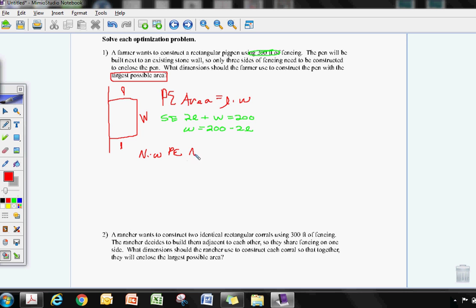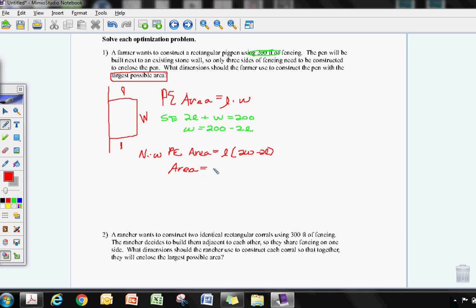And it still is area, and it's going to equal that single L that I have now times 200 minus 2L.